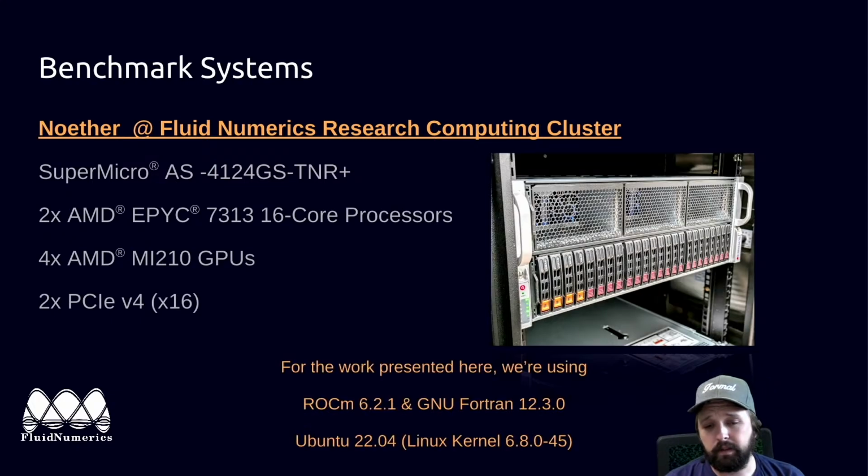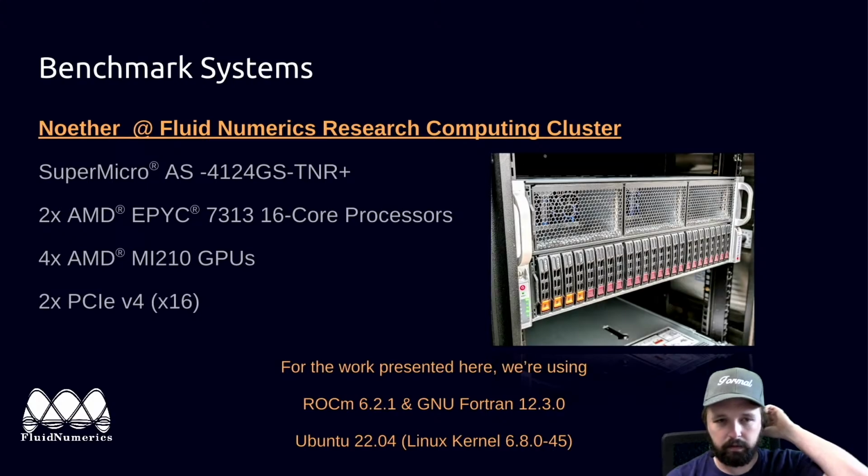For everything I'll be talking about today, we are looking at ROCm 6.2 from AMD, providing us the HIP support for all of our kernels. The CPU side compilation is done with GNU Fortran 12.3. The operating system is Ubuntu 22.04 with the Linux 6.8 kernel.